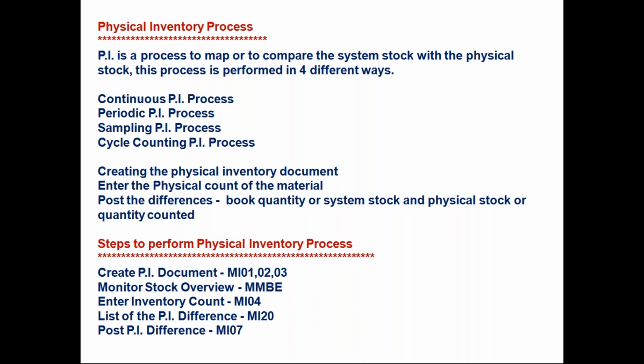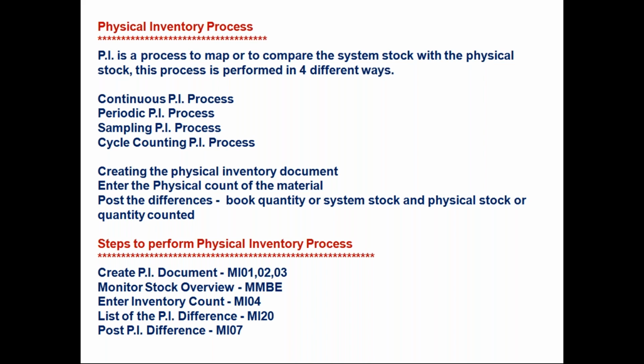If any department needs the material, they can take more stock of the material in advance. The reason is when the physical inventory is performed, they will totally block the goods movement. What is the reason? In order to avoid inconsistent results.